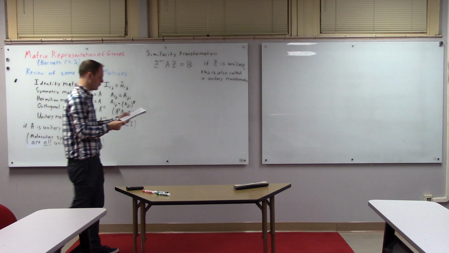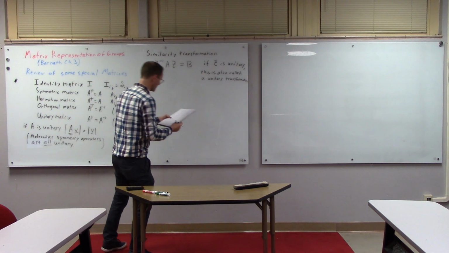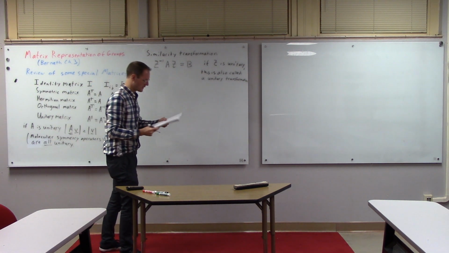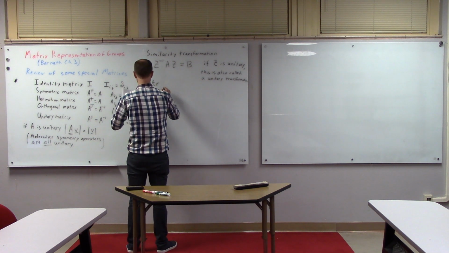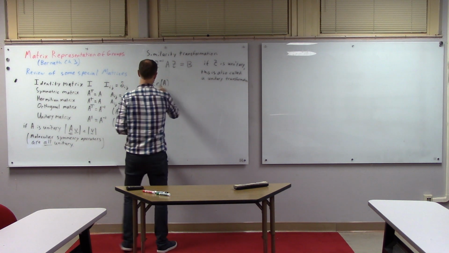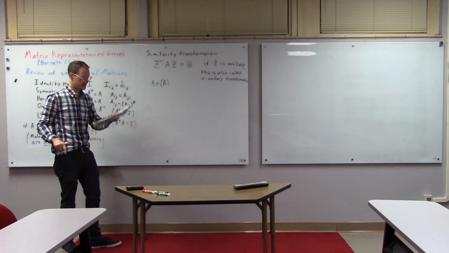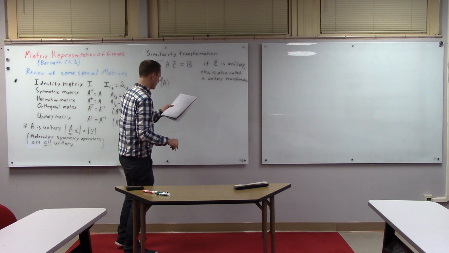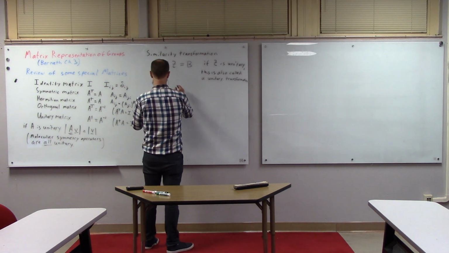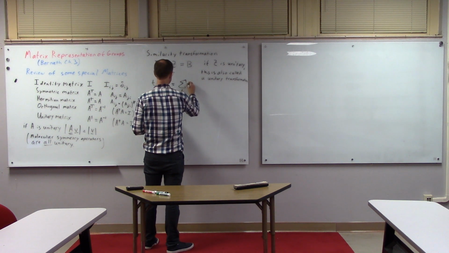Okay, and one final important concept is the trace operator. So the trace of a matrix, which is denoted Tr of the matrix, let's say A, is just equal to the sum of all of the diagonal elements.